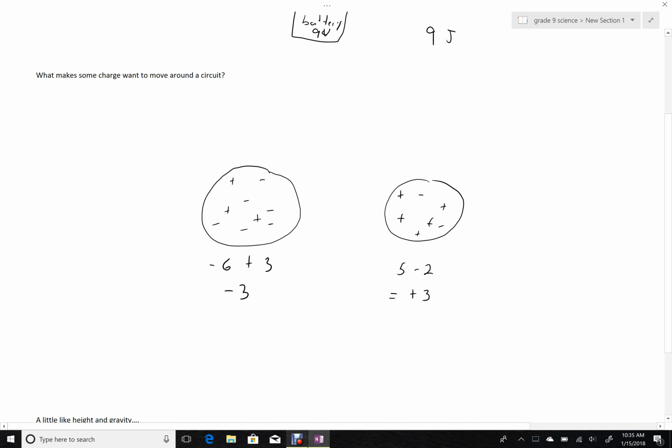By creating these two regions, we have to remember our basic law of electrostatics: like charges repel, and unlike charges attract.